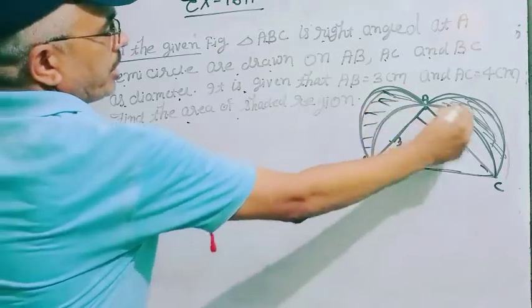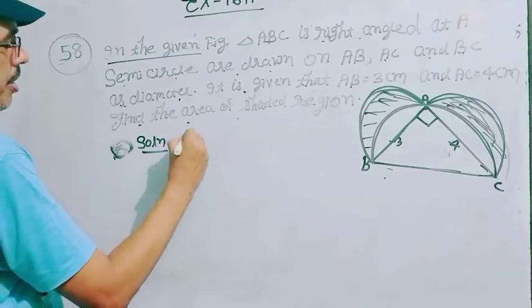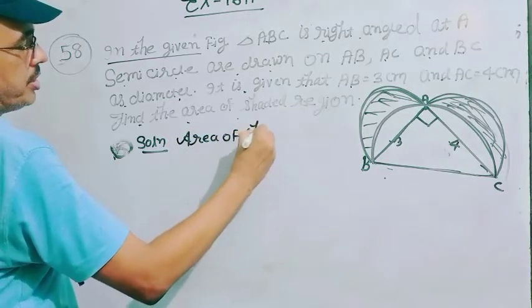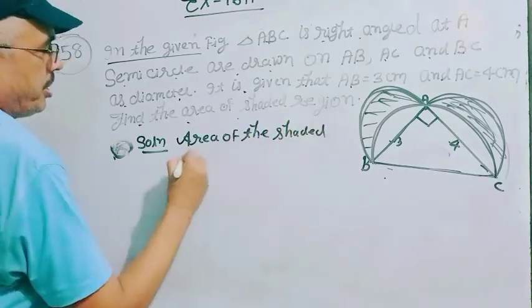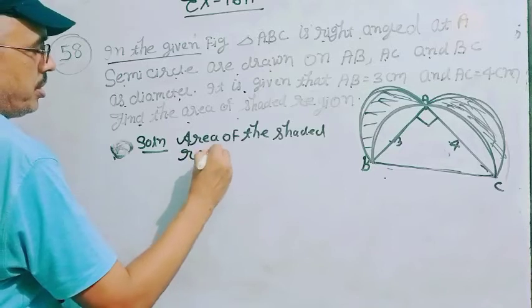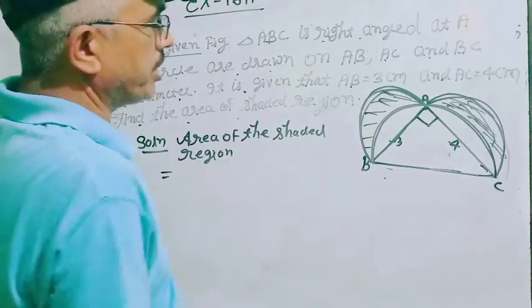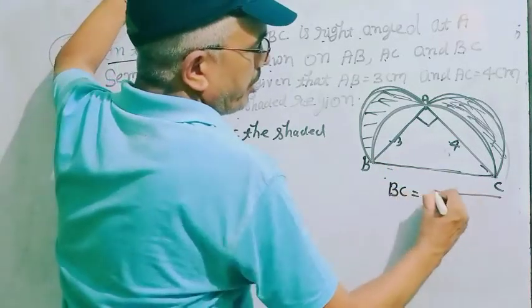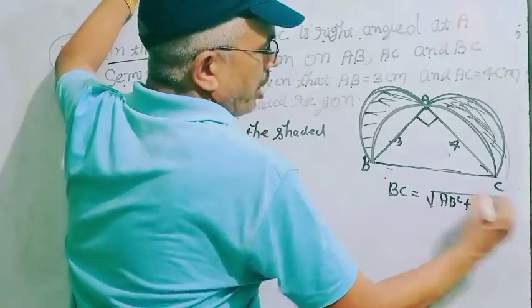So your question, find the area of the shaded region. So solution right here. Area of the shaded region is equal to. Before the area of the shaded region, you find what is BC. BC is equal to under root AB square plus AC square.